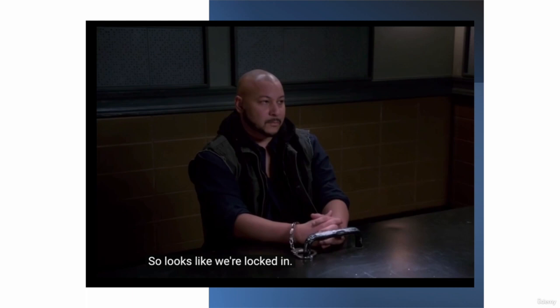The sentence could be, so, it looks like we're locked in. Looks is a verb in the present simple tense with an S at the end, as it follows the pronoun it.